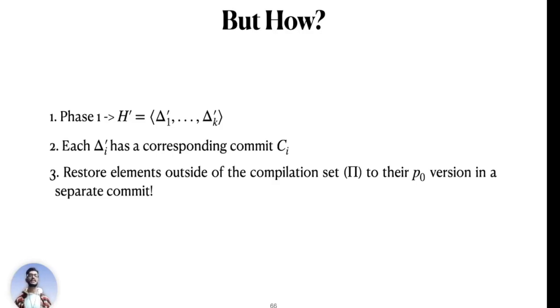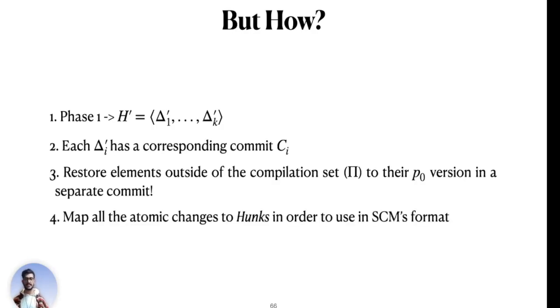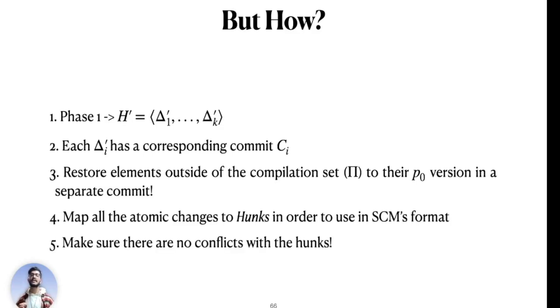In the final commit, we will get our sub-history and we will add a final commit that reverts all these unwanted changes. Then we can map all the atomic changes into hunks, which are the textual changes. And finally, we have to make sure we don't have any hunk conflicts.